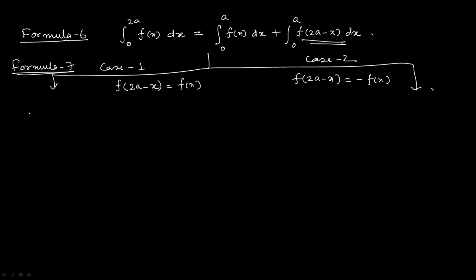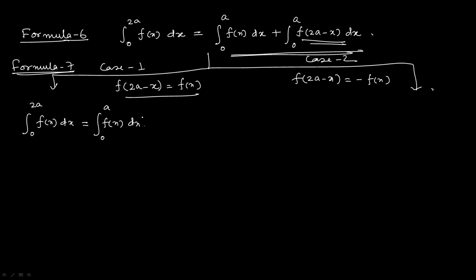So what about this integration on the right hand side? It becomes integral 0 to a f(x) dx, and this value is also f(x), so 0 to a f(x) dx, right or wrong? From there I have to put here f(x), so that I have put.